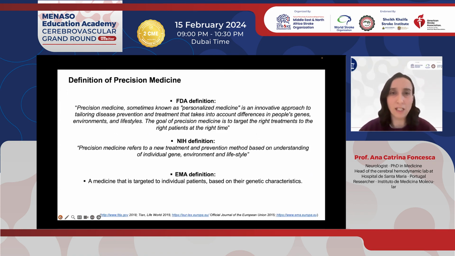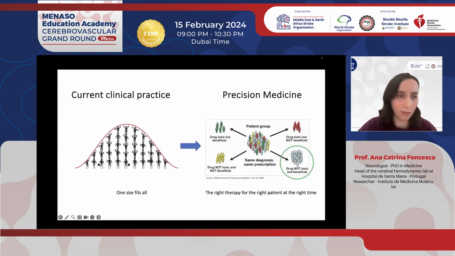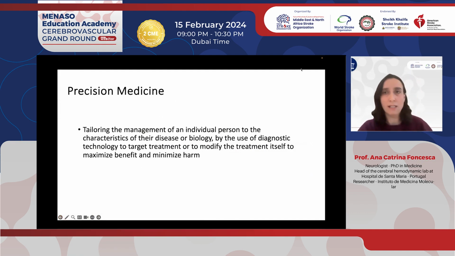The FDA has a definition, the NIH also has its own definition, the European Medicines Agency also has its own, but you can boil it all down to this similar notion: precision medicine aims to tailor the management of an individual person to the characteristics of their disease or biology, by the use of diagnostic technology to target treatment or to modify the treatment itself to maximize benefit and minimize harm.